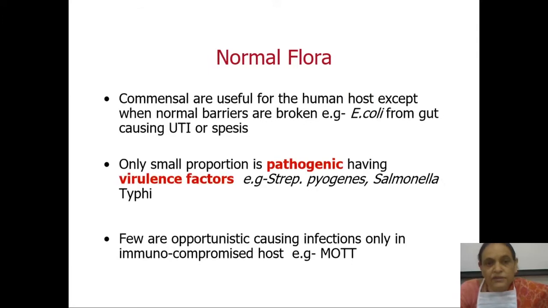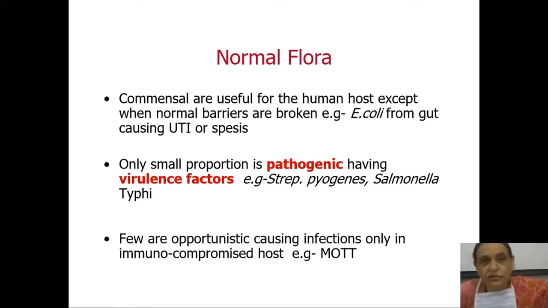So, what is a normal flora? We first understand that we are surrounded all around by bacteria and also on our mucous membranes and skin. These are mostly commensal bacteria which are useful for the human host, except when the normal barrier is broken.